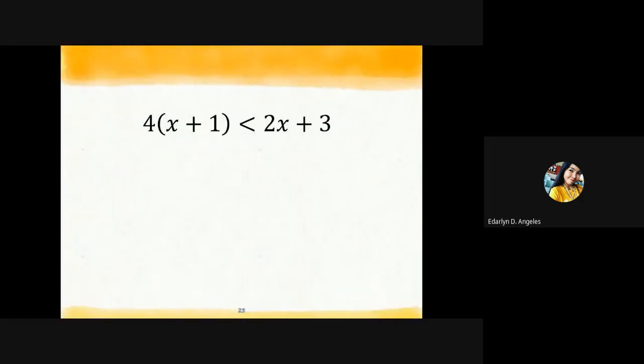And for our last example, 4 times the quantity x plus 1 is less than 2x plus 3. Let's solve for the inequality. Here, we need to apply the distributive property first. So we have 4x, distributing 4 to each term of the binomial: 4 times x is 4x, plus 4 times 1 is 4, is less than 2x plus 3.